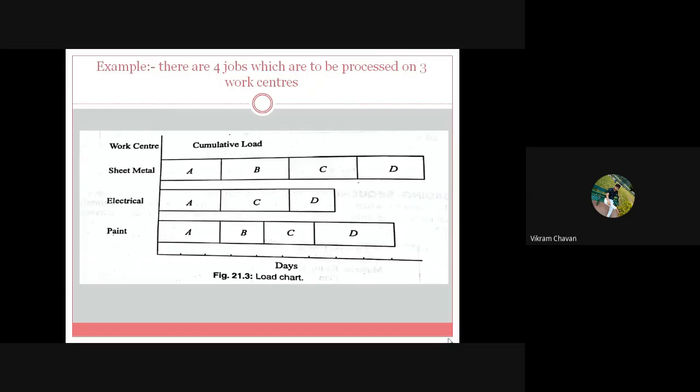So, example, write down: there are four jobs which are to be processed on three work centers. Jobs A, B, C, and D.